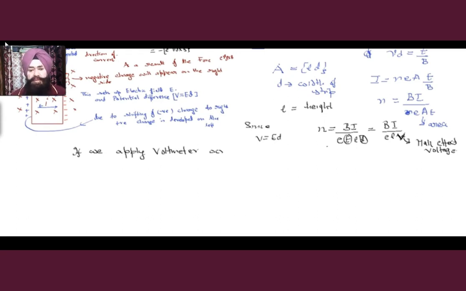So if we apply the voltmeter across the strip, like that, like here, then we can find the value of potential difference.